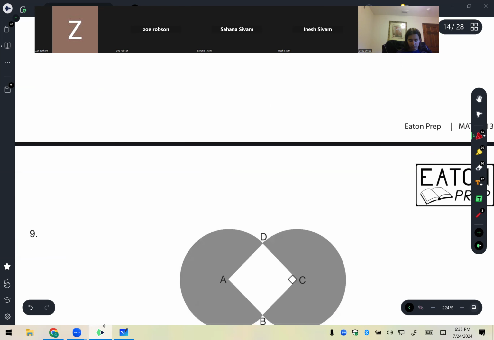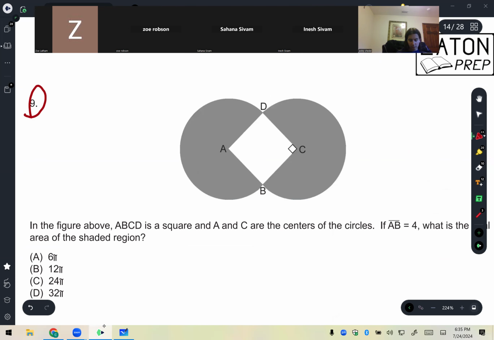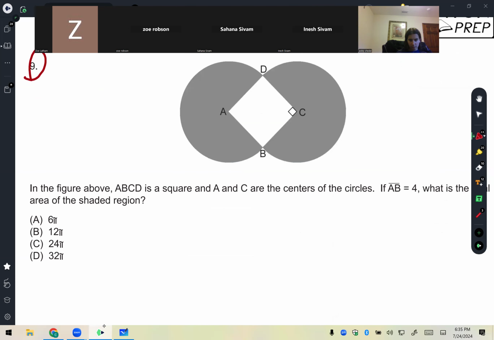Okay, now we're on the Pac-Mans. In the figure above, ABCD is a square, so I know these are all 90. These are the centers of the circles. This would be a hard one at the end. AB is 4, so this is 4, 4, 4, 4.